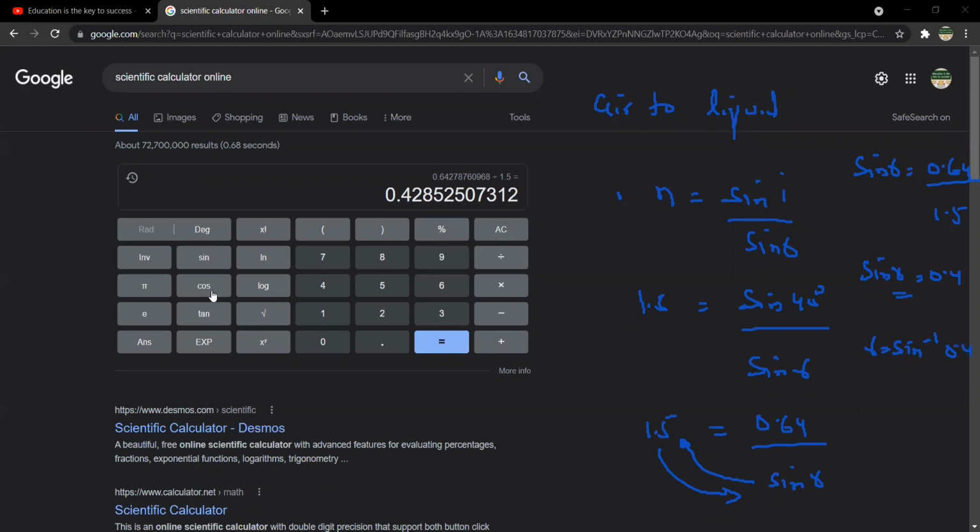So we use shift or invert sine 0.42, which is equal to 23.5. So the angle of refraction will be 23.57 or 23.6, I can say.